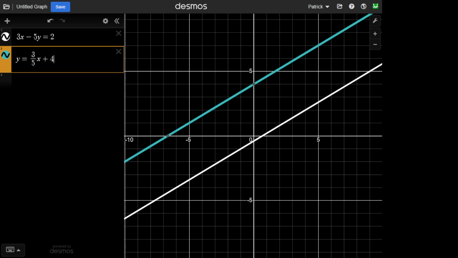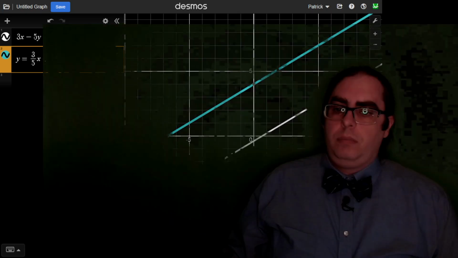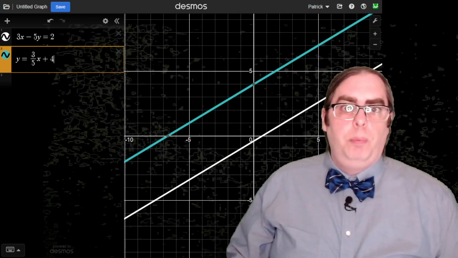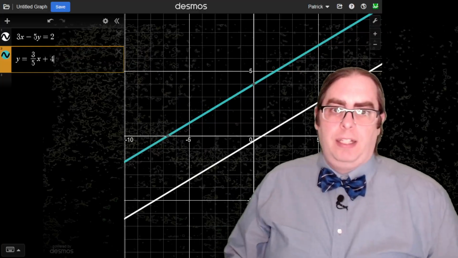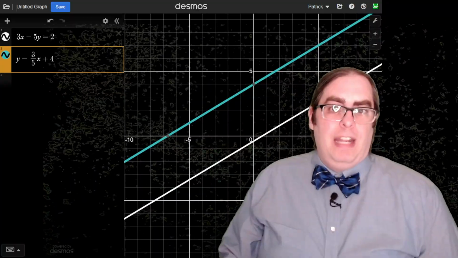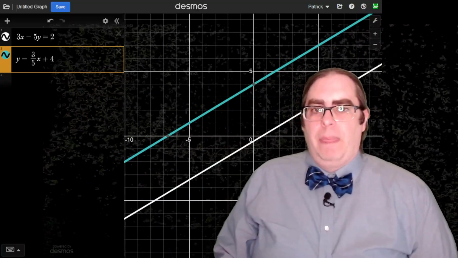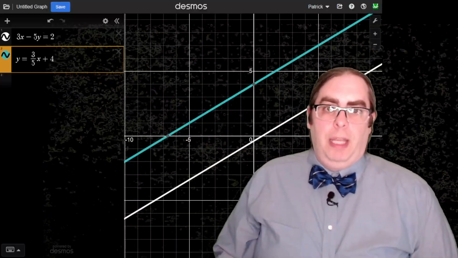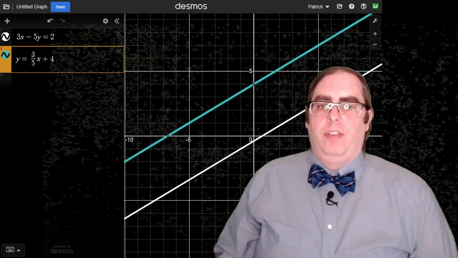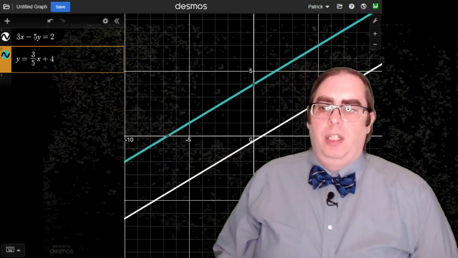And when you look at the graph, those are two parallel lines. Parallel lines are defined by the behavior of never intersecting each other. If you have two lines that never intersect, there is never going to be a point on both of the lines. That's the definition of intersect.